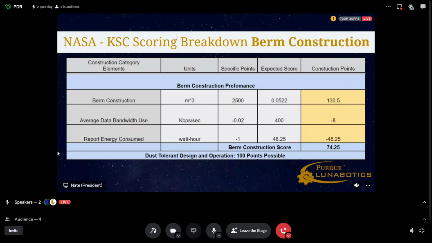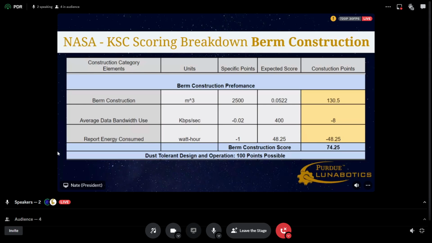Moving over to the construction category. For berm construction, based on a 30-minute runtime, we expect to collect about 52 liters of material, assuming we achieve 6 cycles, so taking that average. That gives us 130 construction points. Average data bandwidth is based on that target of 10 kilobytes per second.